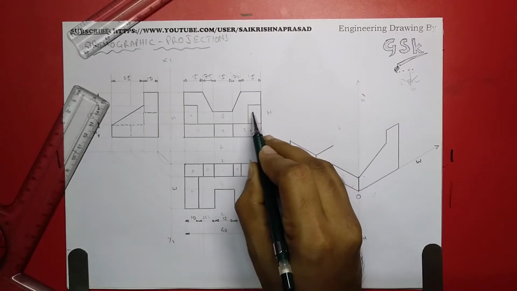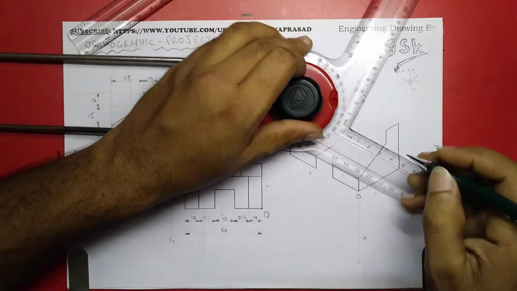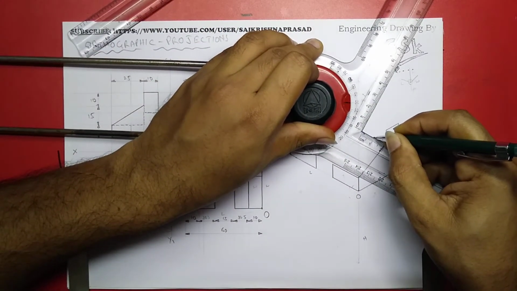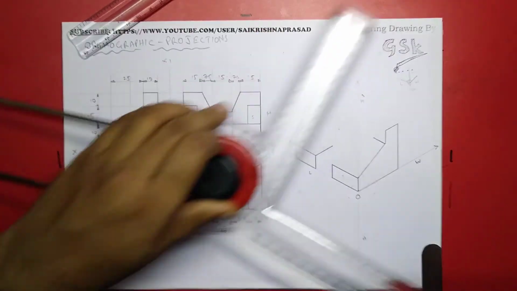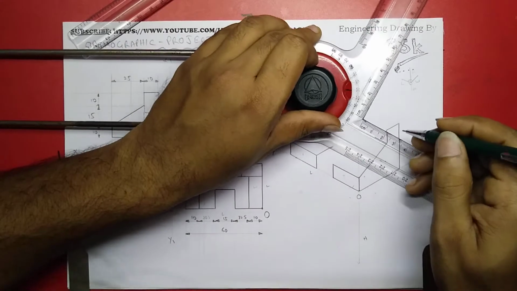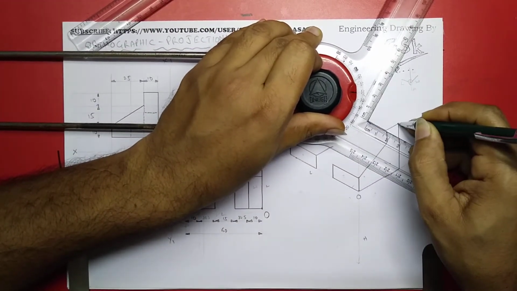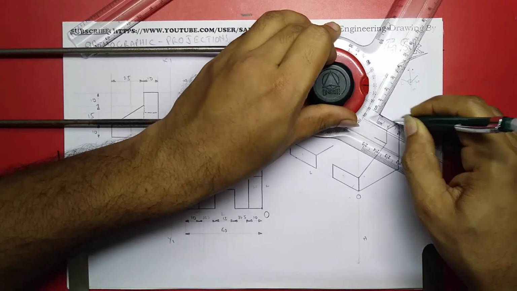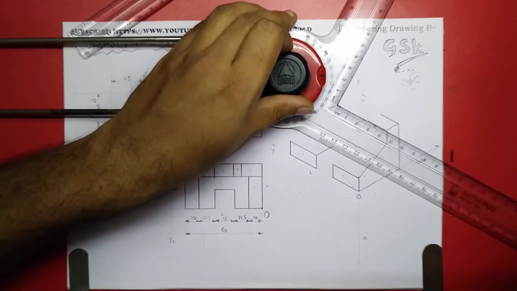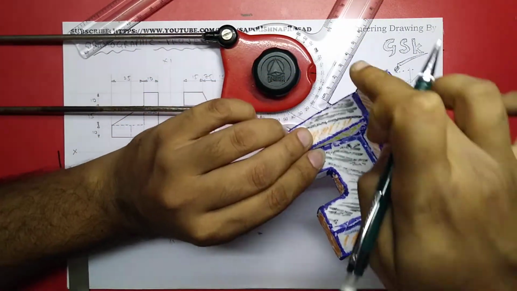Now we have to draw this one. This gap is the 10 mm. Right, next this one is a 15. This one is also 15. And total here, from here to here it is 60.